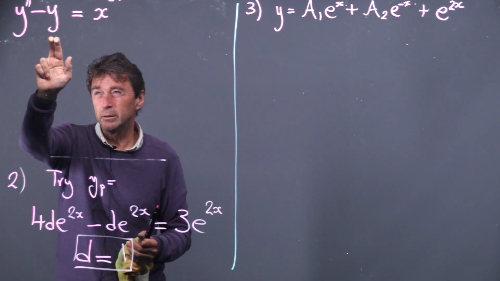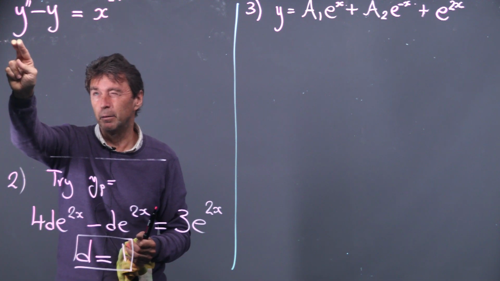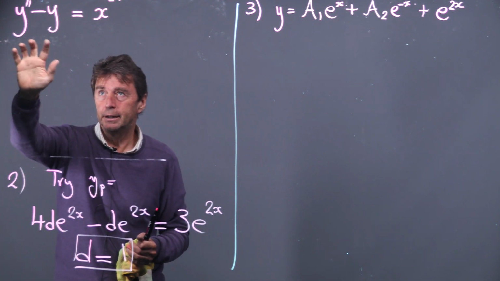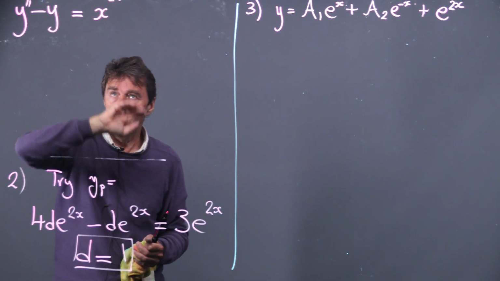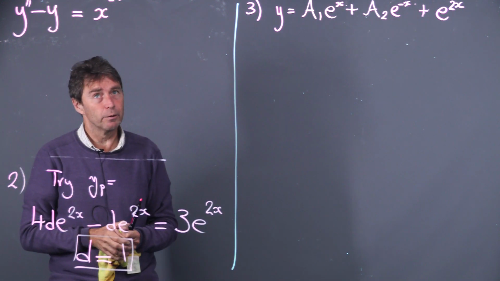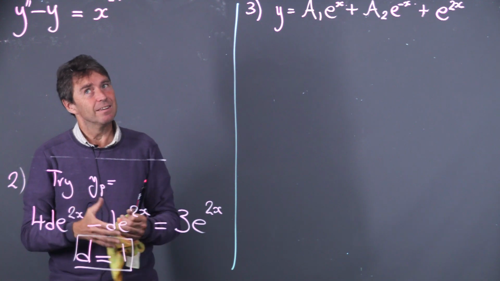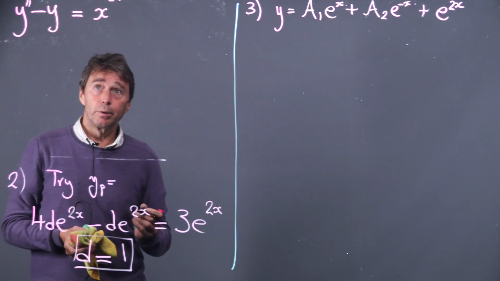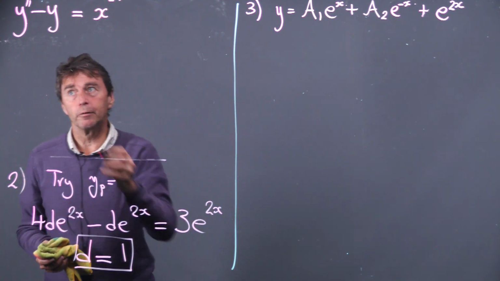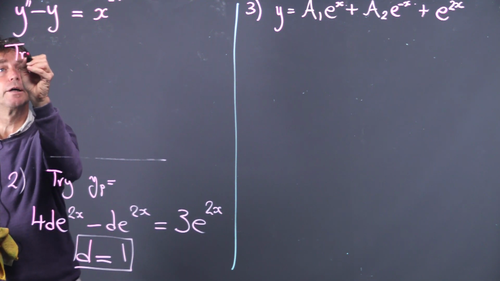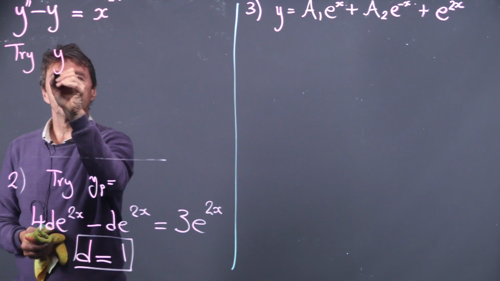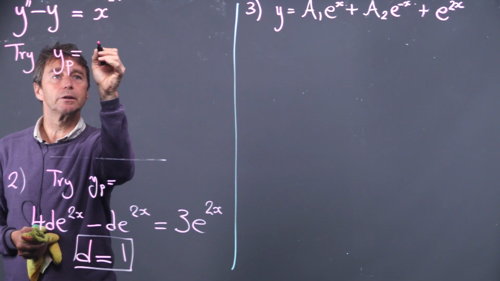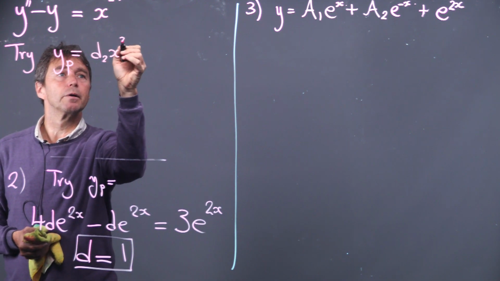So if that was a polynomial, then this is still a polynomial, slightly different degree. But what I need to get is still a polynomial. So if you have a polynomial on the right-hand side, your educated guess would probably be that you should try a polynomial. So in this case, we'll try a polynomial. We need to get a polynomial of degree 2. So let's try a particular solution, which is a polynomial of degree 2.